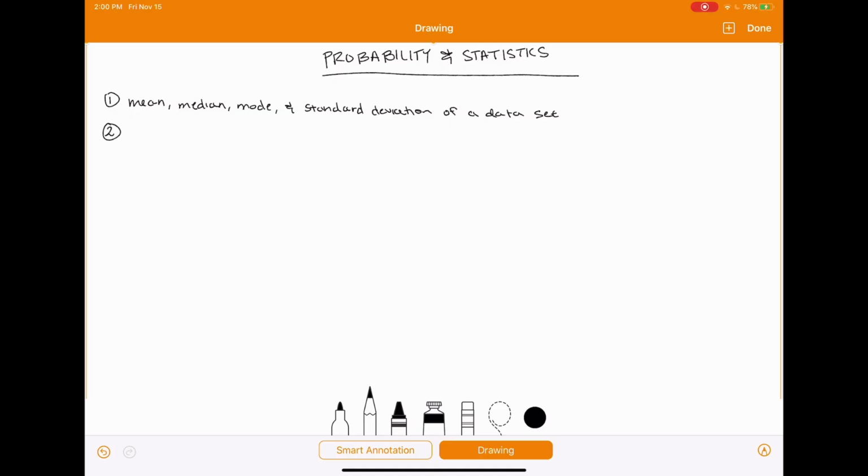Then we're going to go over the probability of a single event. Then we're going to go over combinations. Then permutations.